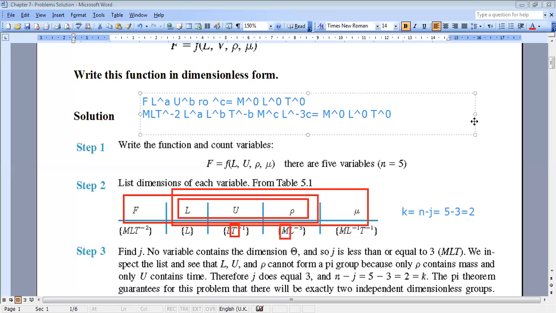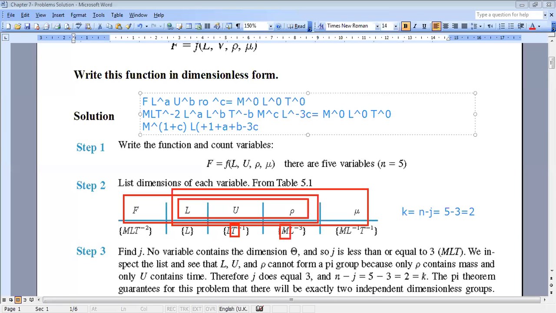Okay, now all you have to do is to find the coefficient of m, l, t from this side. So first, for m, what is the coefficient? You have here 1 plus, you have plus c here. Anything else? No. So this is the coefficient of m. Now for l, what do we have? We have here plus 1, and here you have plus a, and you have plus b, and you have minus 3c.